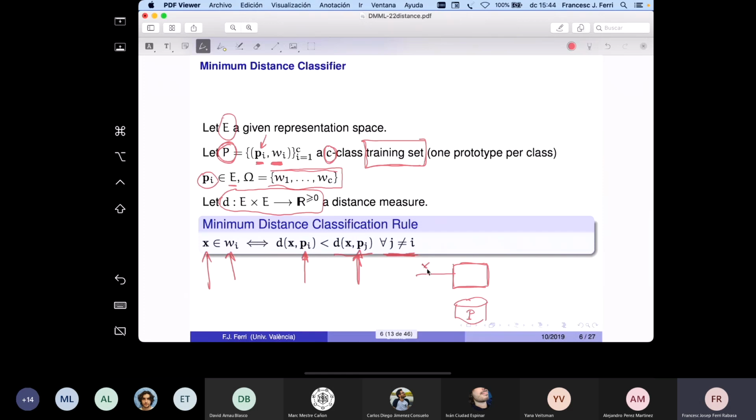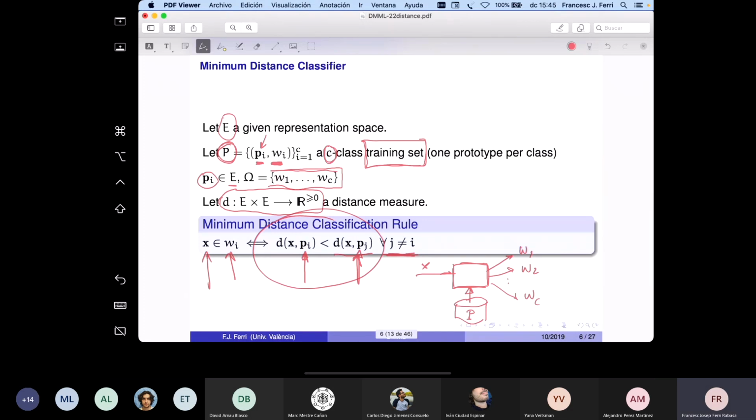When some input point enters, then we check the training set, and then we decide whether we answer class 1 or class 2 or class C according to this. It's okay? Very, very, very simple.